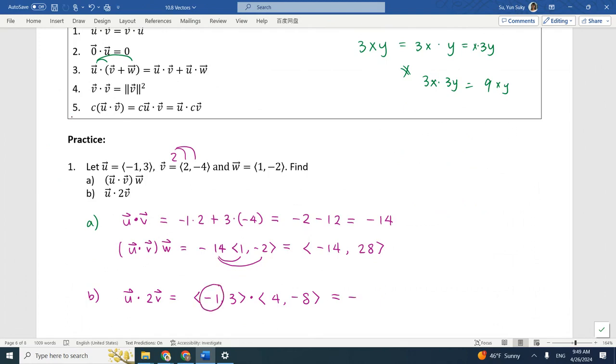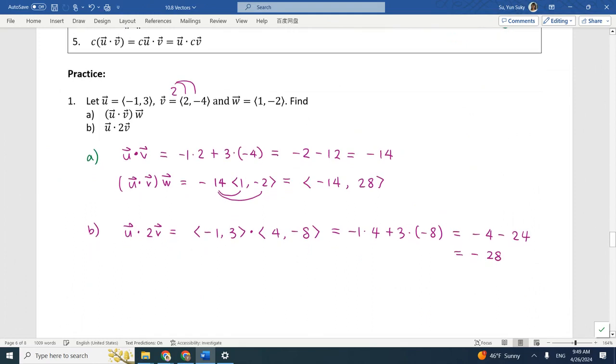You use -1 times 4 plus 3 times -8. What is -1 times 4? -4, and then -24 is -28.